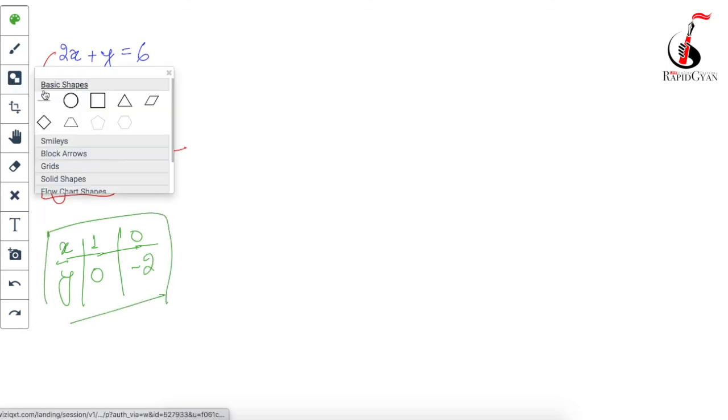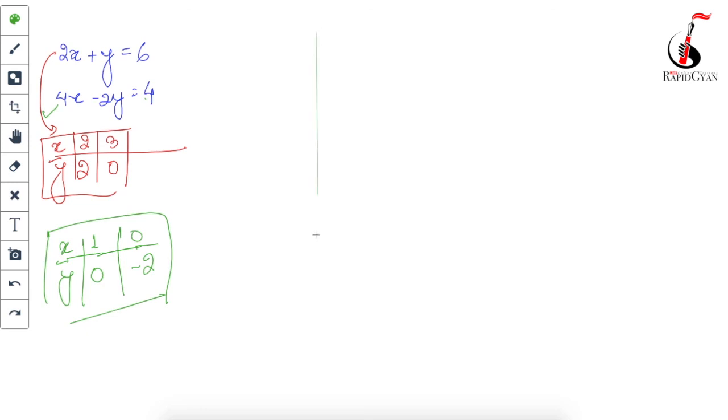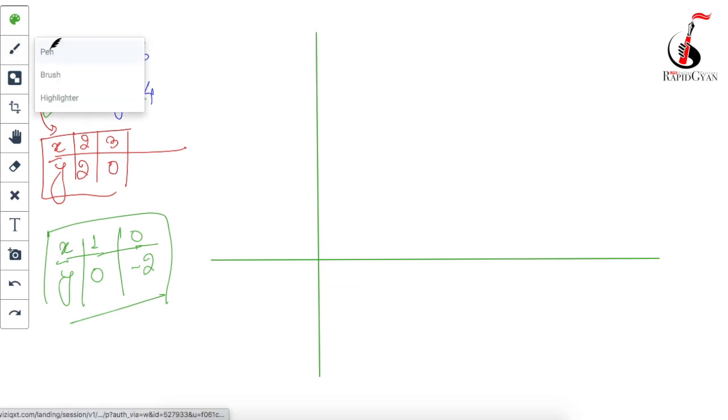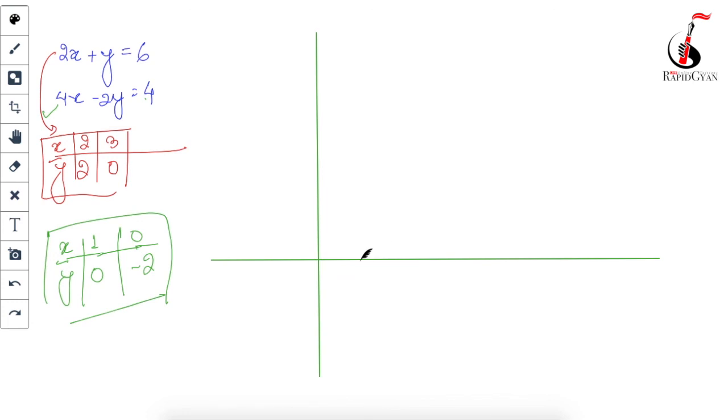Now plot the graph. We'll have to plot the graph. This is your y-axis and this is going to be your x-axis, correct? Now let me mark this: 1, 2, 3, 4.